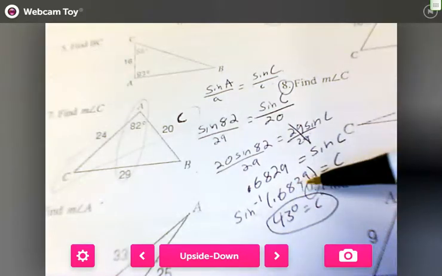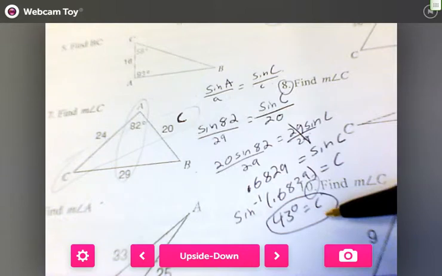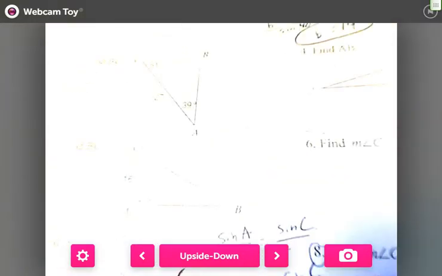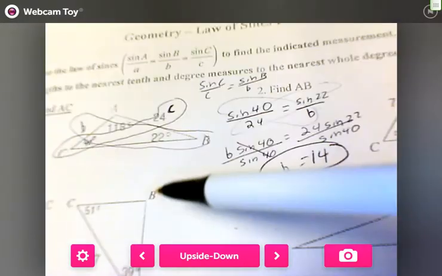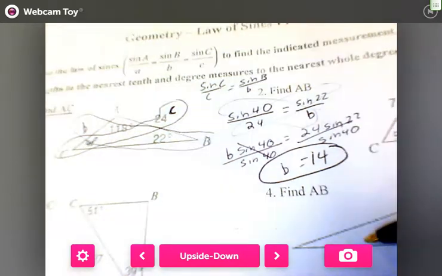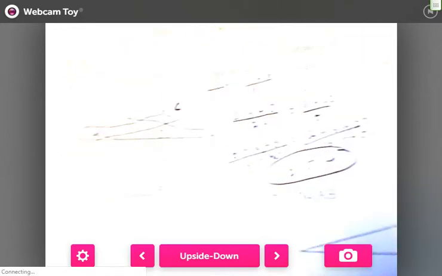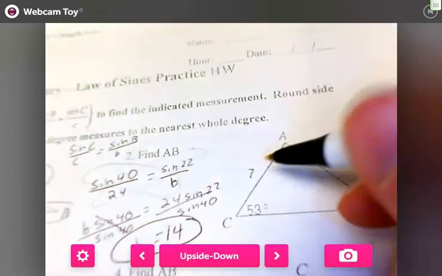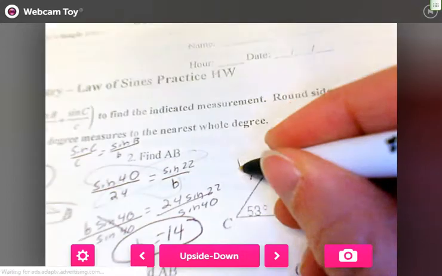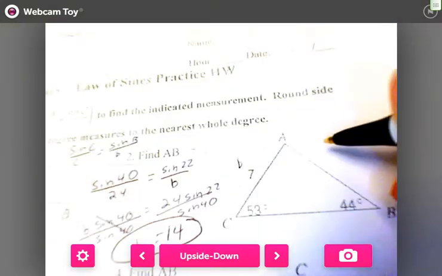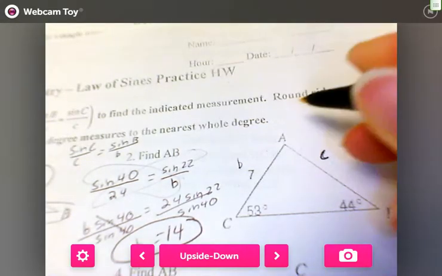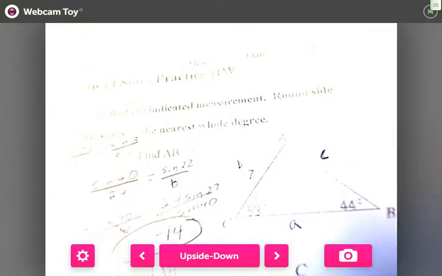When you're done, you're going to have to take the inverse, okay? Where 2, 3, 4, and 5 are just like number 1. So set them up. For number 2, you guys need to be able to write little b across from b, little c across from c, and little a across from a. So that's the first step.